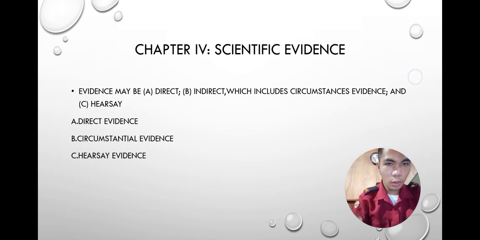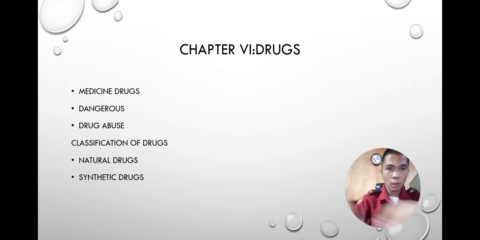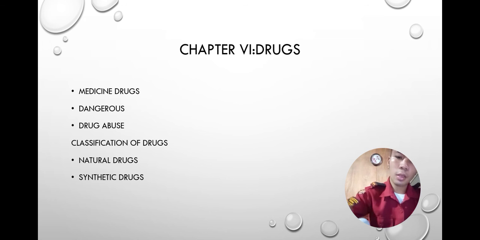Then the next topic is chapter 6, drugs. A drug is a chemical substance that brings about physical, sociological, behavioral and psychological change in a person taking it.